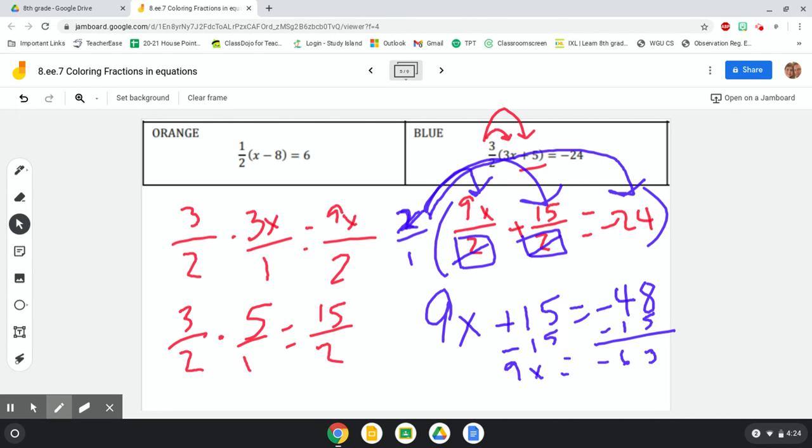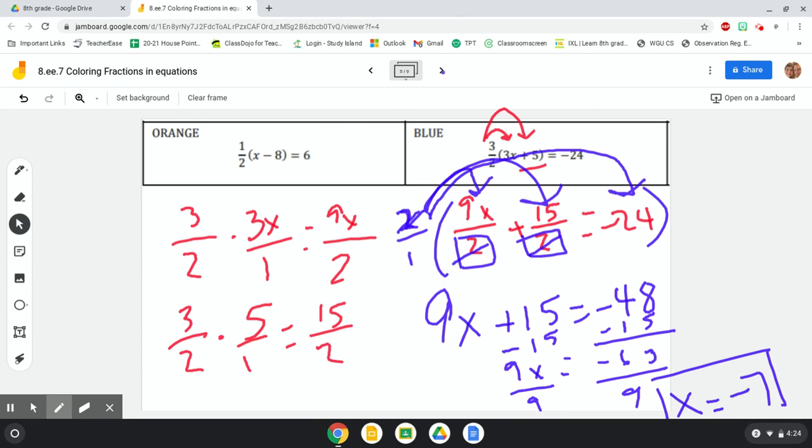Last step, I'm going to divide by 9 to get x by itself. So x is going to be equal to, well, -63 divided by 9 gives me a -7. So my solution here should be -7. Remember, if I want to go check that, I'm going to substitute that into my original and see if it actually works out and gives me a true statement.